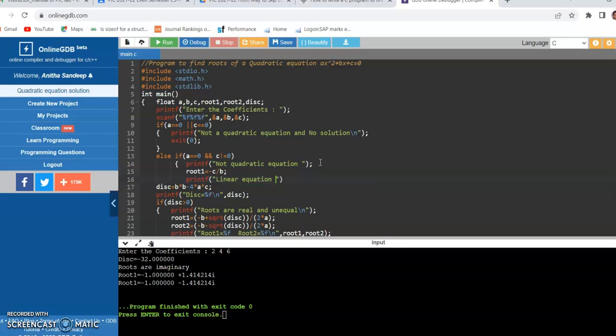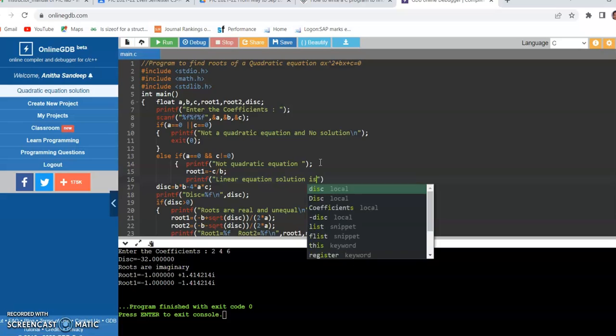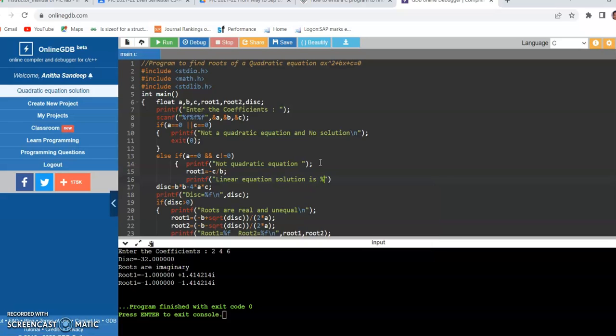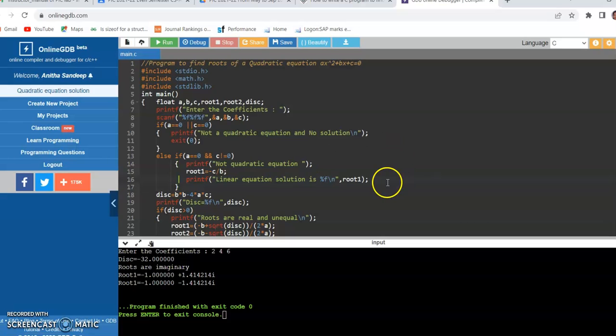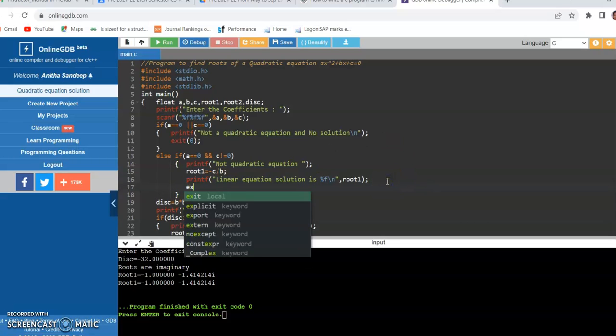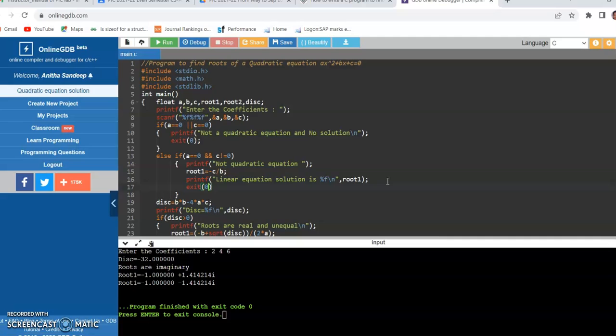Here I will be printing linear equation solution is percentage f, and then exit 0.